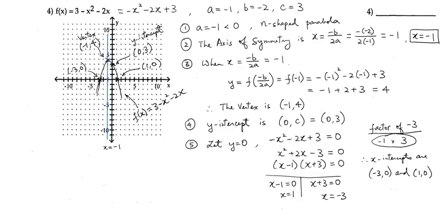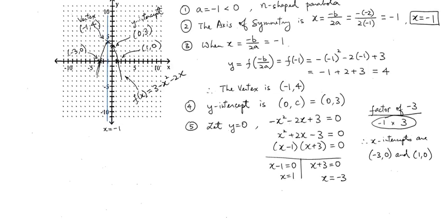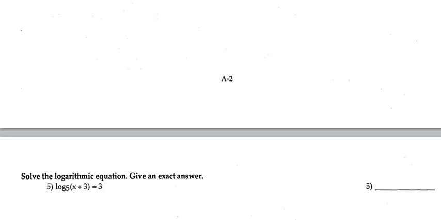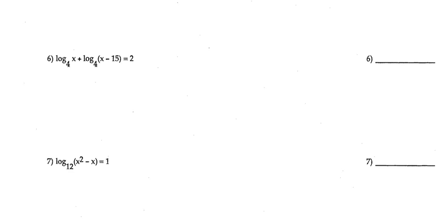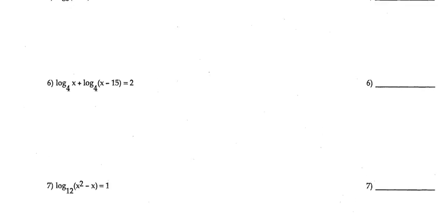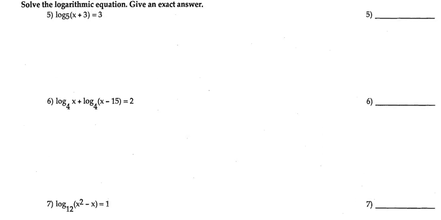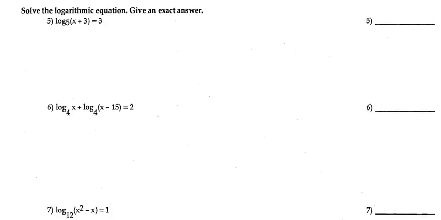Let's take a look at number 5. We have to solve a log equation. We want to get the x by itself. So we have log of x plus 3 with the base 5 equals 3.